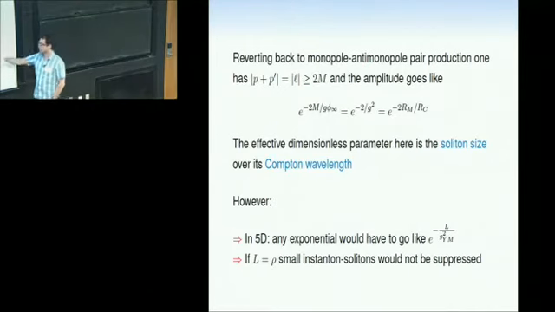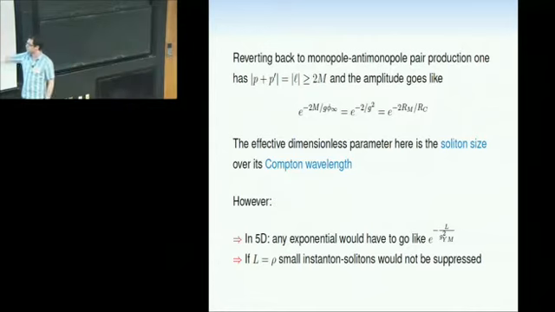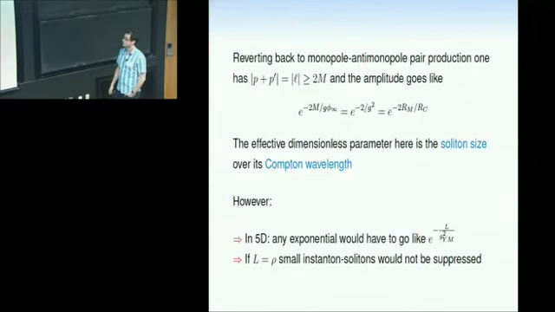And this is the size of the soliton in 5D Yang-Mills. And since you can have Yang-Mills solitons of arbitrarily small size, it is plausible to expect that there are going to be contributions which give finite pair production soliton amplitudes in this case. So this is the expectation. If you extrapolate this result, let's see if it works out in practice.